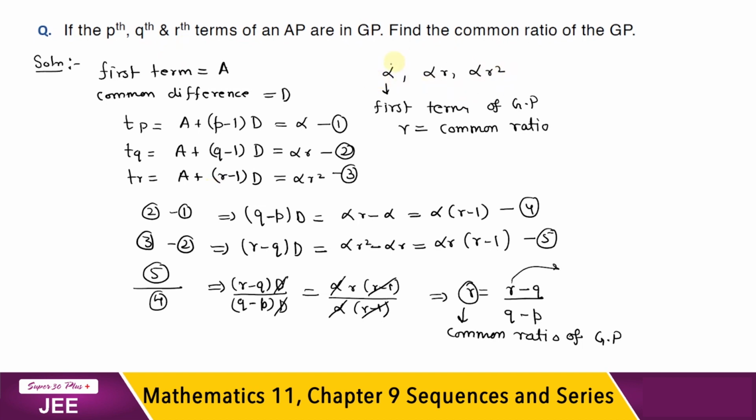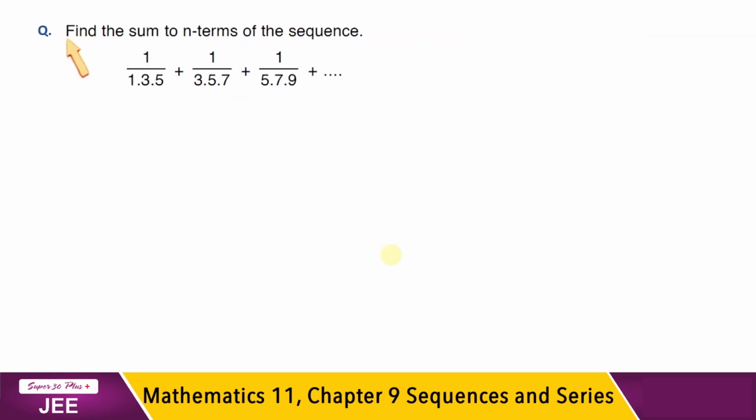This r has been taken by us as the common ratio, and this smaller r is the r mentioned in the question. So the common ratio comes out to be (r minus q) over (q minus p). Alright, I hope everybody has understood this question also, which was based on the terms of GP and AP as well. So let's move further and see our next question.